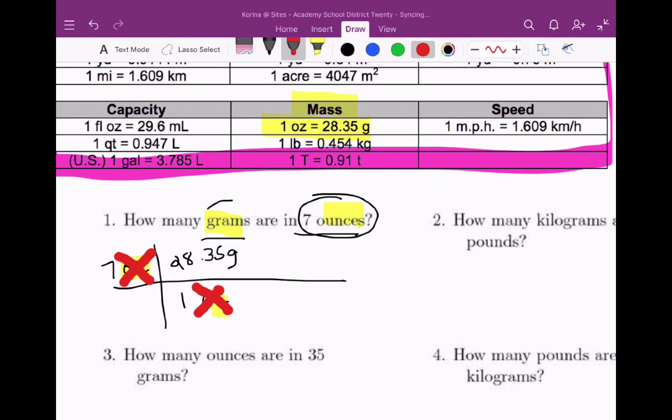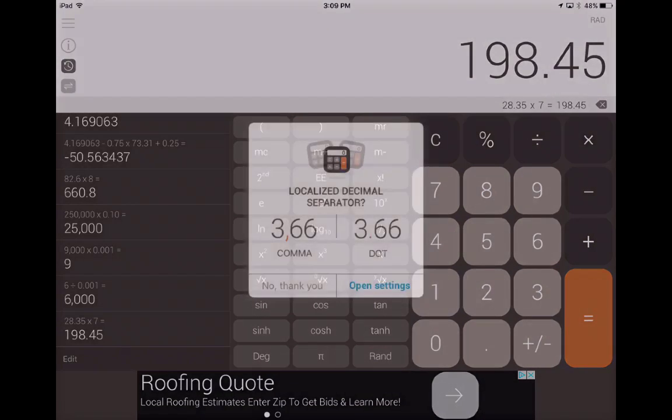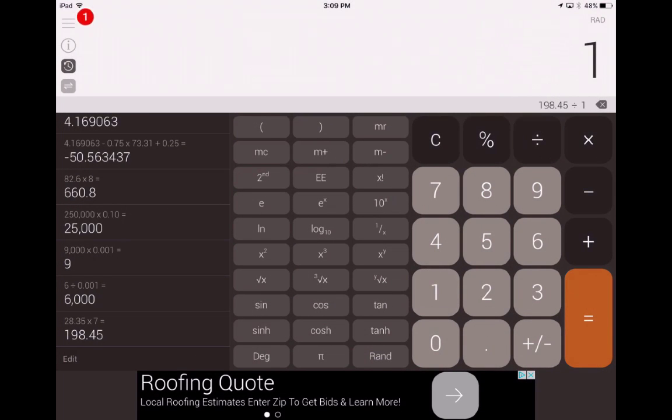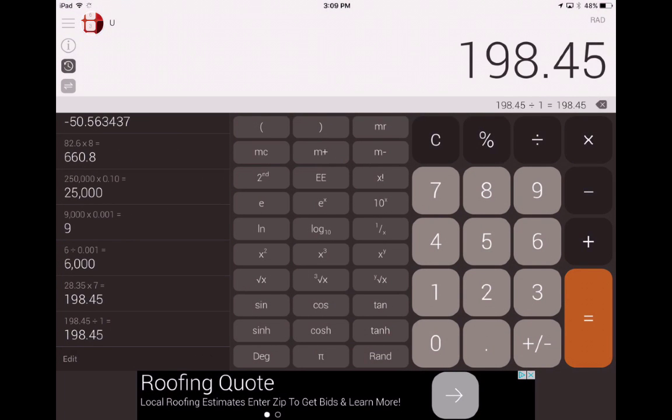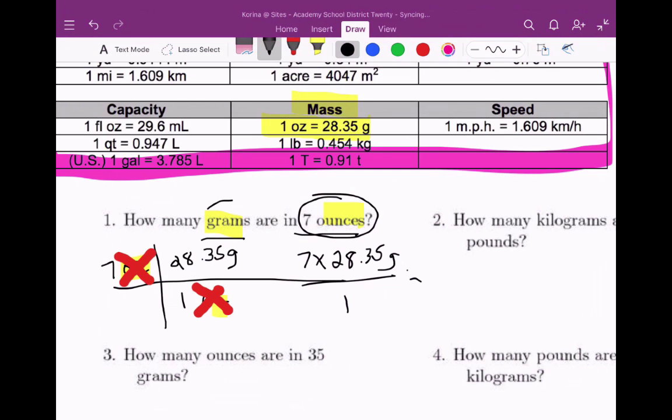So we have 7 times 28.35 divided by 1, because we always multiply the top and divide by the bottom. So we would take 7 times 28.35 grams divided by 1. Let's plug that in. 198.45. So if we go back to our notes, we get an answer of 198.45, and we're left with the units here of grams.